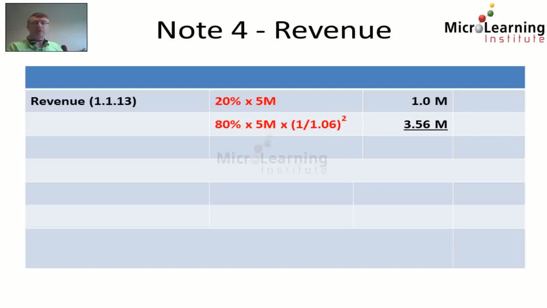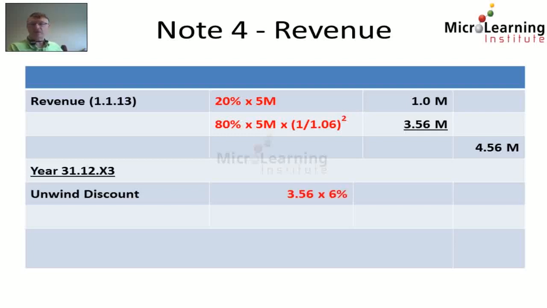So the revenue that we would recognize on the 1st of January 2013 is the sum of 1 million plus 3.56 million, which is 4.56 million. Of course, we're interested in recognizing the revenue for the year, so we also must consider the unwinding of the discount to year end, the 31st of December 20x3.